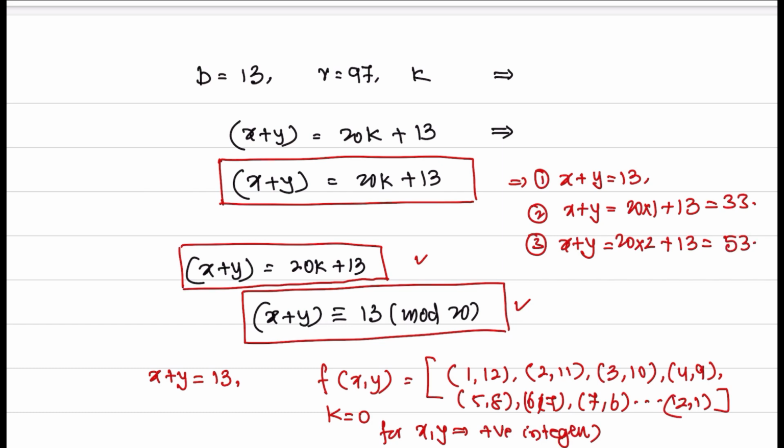That means the final answer is x is equal to 1, y is equal to 12. Final answers.